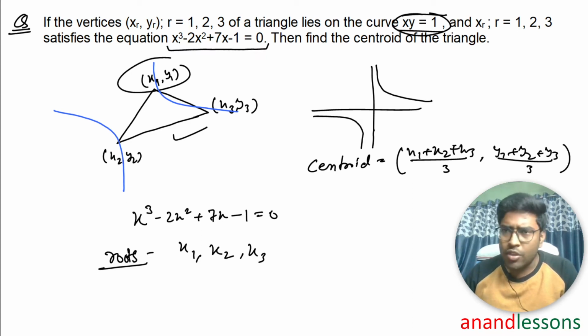So this is a cubic equation and we know that the sum of the roots of a cubic equation is equal to minus b by a, the sum of the product of roots two at a time is equal to c by a, and the product of roots is minus d by a.